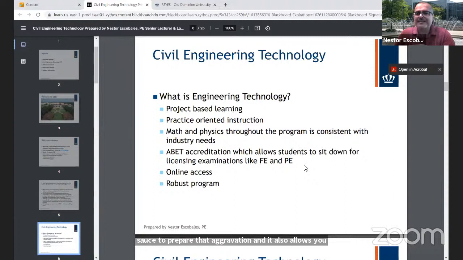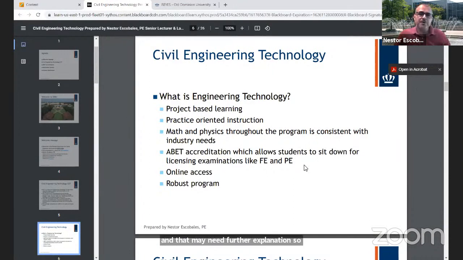In the United States, we require engineers, graduate engineers, to sit down for licensing if you are interested in approving projects for construction. And that may need further explanation.